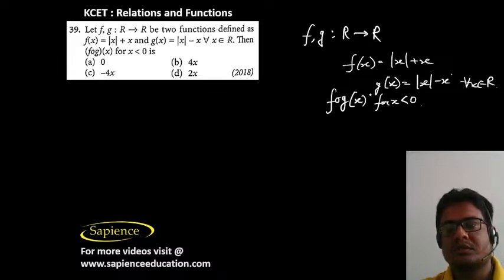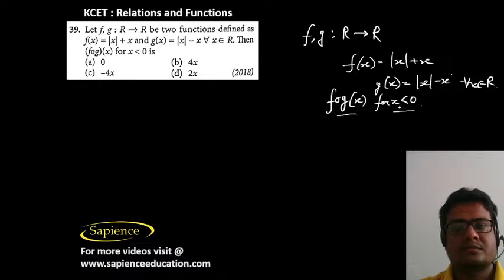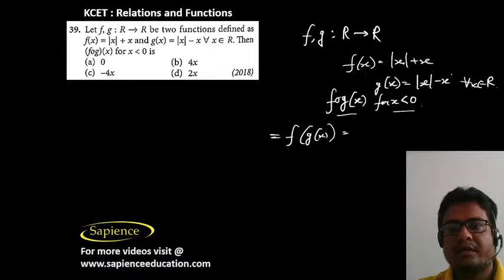So g of x is mod x minus x. Here f of g of x is what we have to find. So in place of x here we have to use g of x.